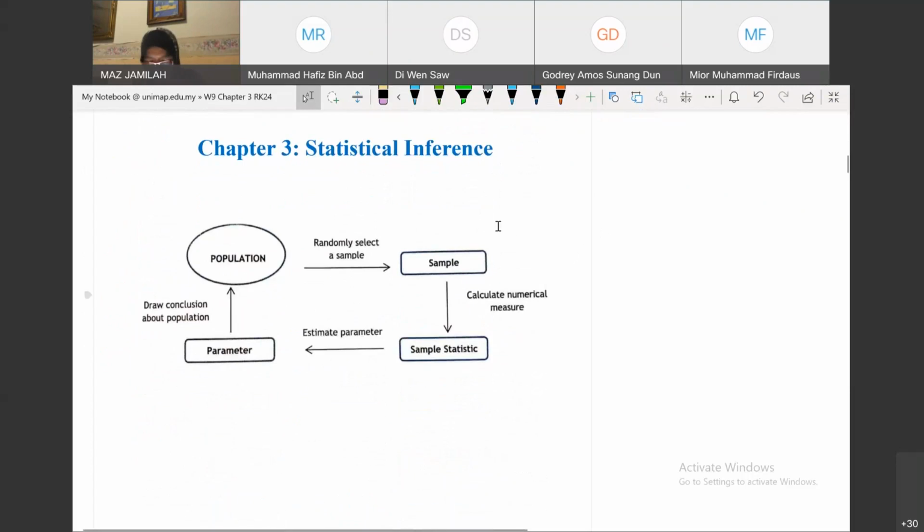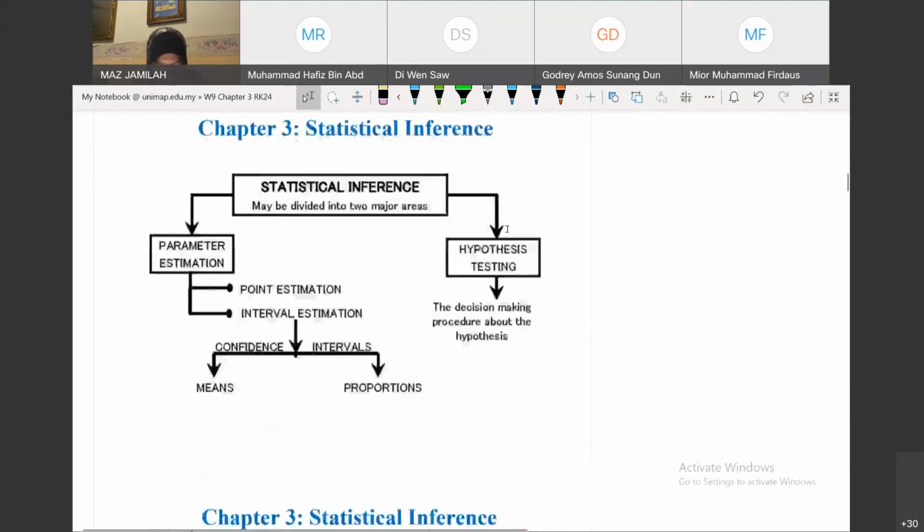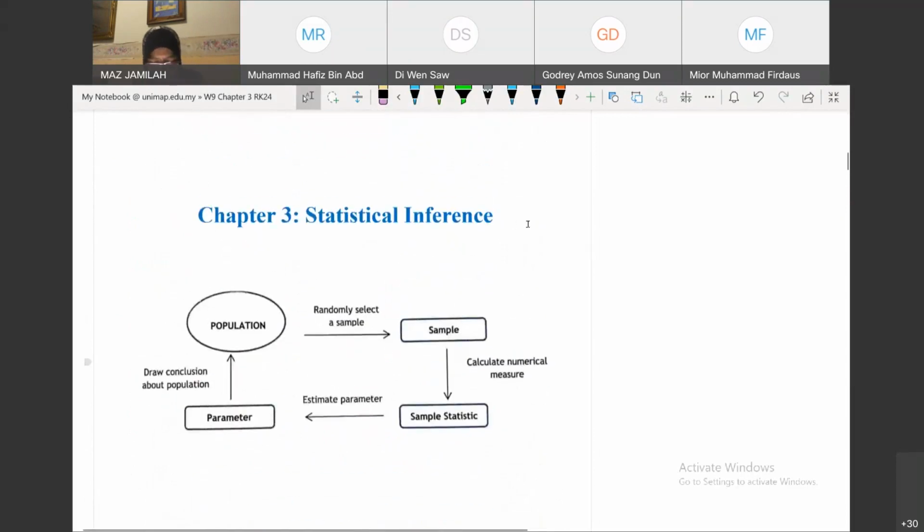Now, let us go to the introduction of our statistical inference. I believe you can have that particular figure in your textbook on page 75. So please look at your page 75. Unlike last time, I'm not going to go one paragraph after another.